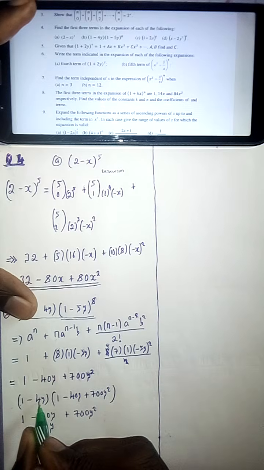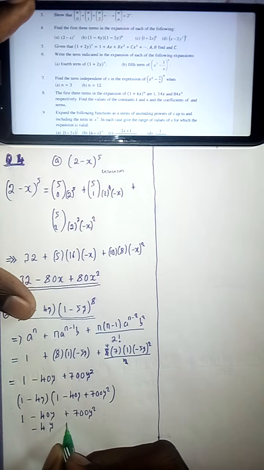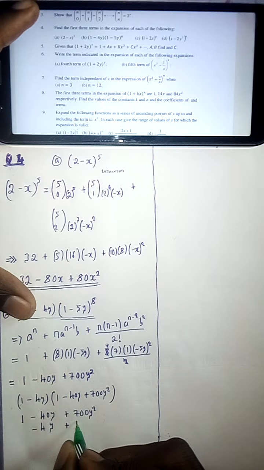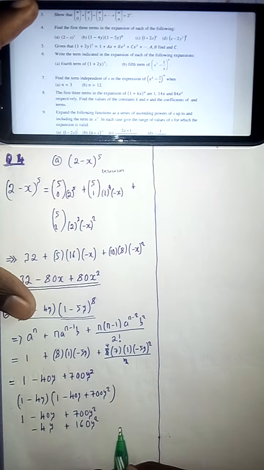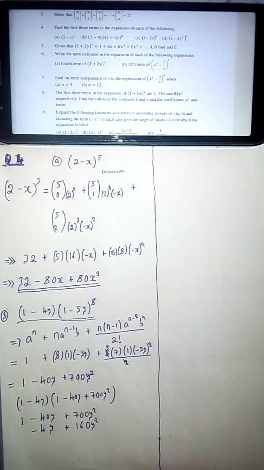This multiplied by this, we are going to get positive 40 multiplied by 4, positive 160y squared. This multiplied by this, I'm going to get a power of 3. So a power of 3 means that I have got 4 terms. My interest is on 3 terms, so I'm not going to waste time on that one.